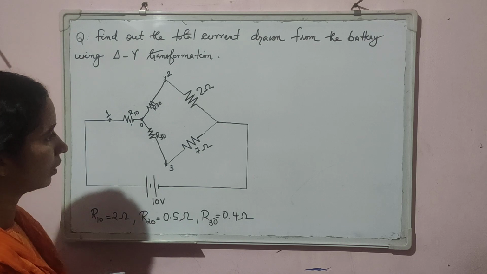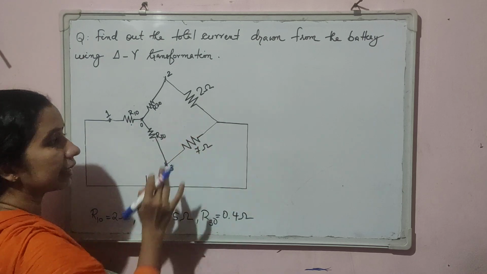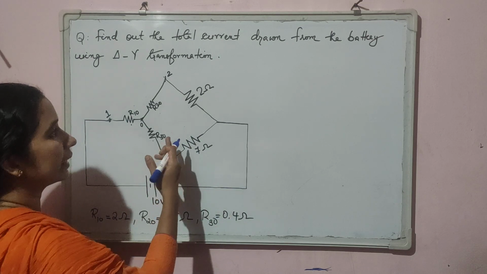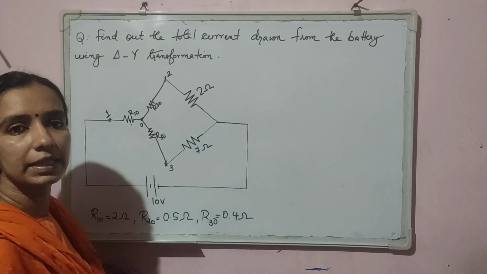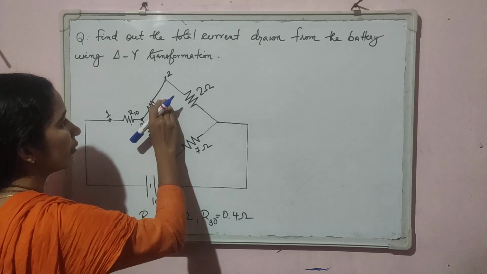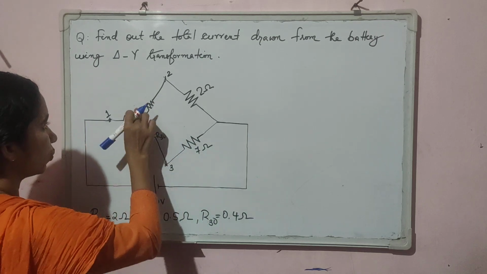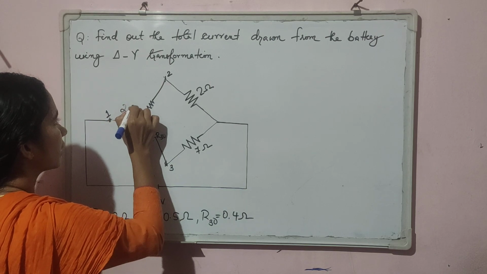Okay. So now see the network. From this particular network, it is clear that these two resistors are in series. So let me write the value of the resistors also. R10 was 2 ohm, so this is a 2 ohm resistor.